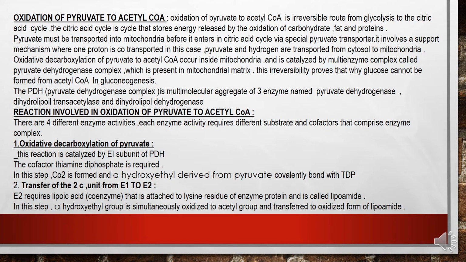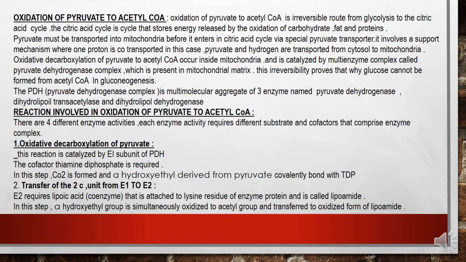The PDH full form is pyruvate dehydrogenase complex. It is a multi-molecular aggregate of three enzymes named pyruvate dehydrogenase, dihydrolipoyl transacetylase, and dihydrolipoyl dehydrogenase.